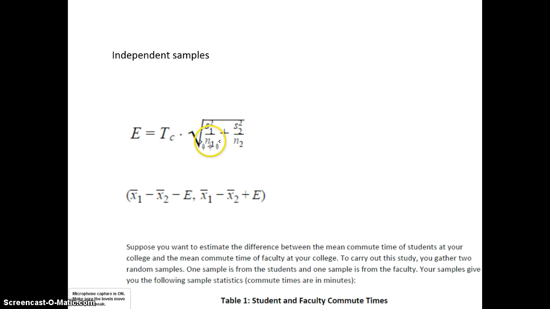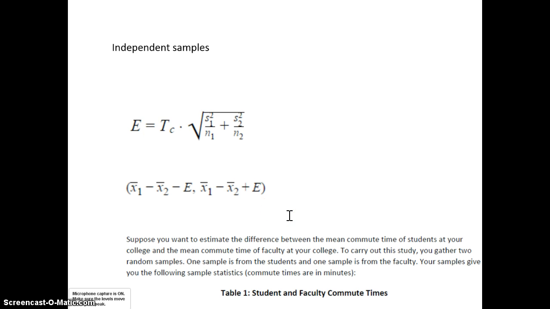N1 is the sample size for the first set of data, N2 the sample size for the second set of data. Again, we do everything with differences. We get the difference of the sample means for the two sets of data minus the margin of error, and the difference of the sample means plus the margin of error.